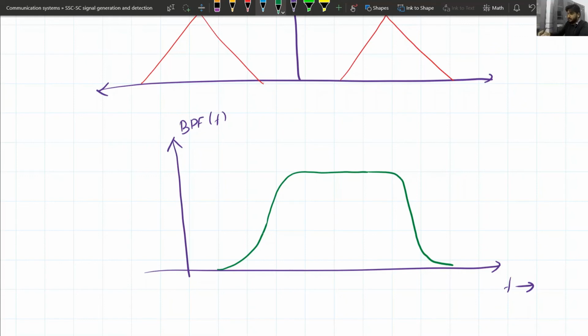Now this is a representation for a bandpass signal. Let's say A0 is the maximum gain of the filter.